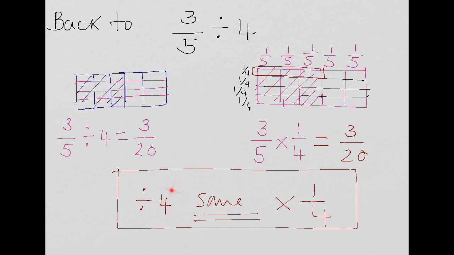And 4 and 1/4 are reciprocals. So dividing by 4 is the same as multiplying by the reciprocal of 4. Let's say that again. Dividing by 4 is the same as multiplying by the reciprocal of 4, which is the same as multiplying by 1/4.